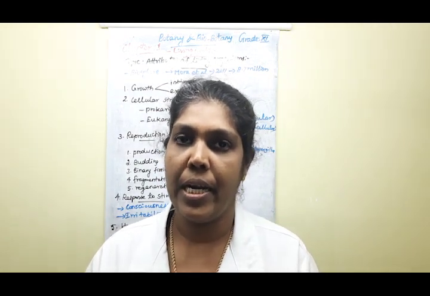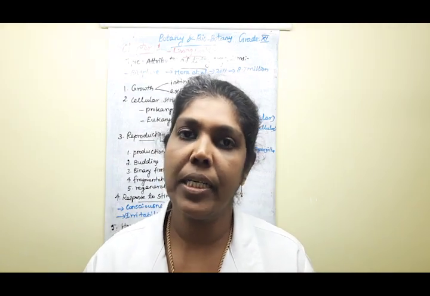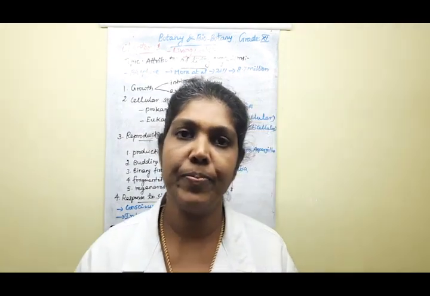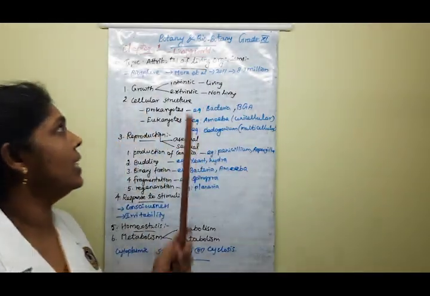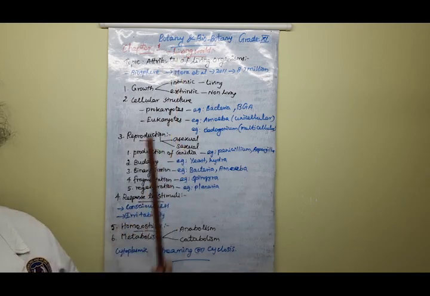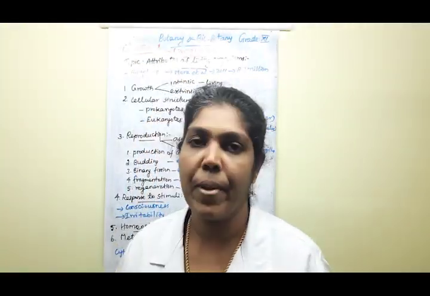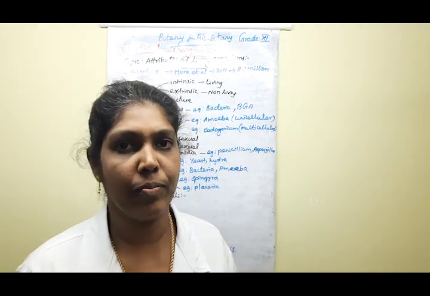Clear, children? So today's class we are going to start the first chapter, Living World. What's the chapter name? Living World. So first, if we look at the world, there are many things, isn't it?